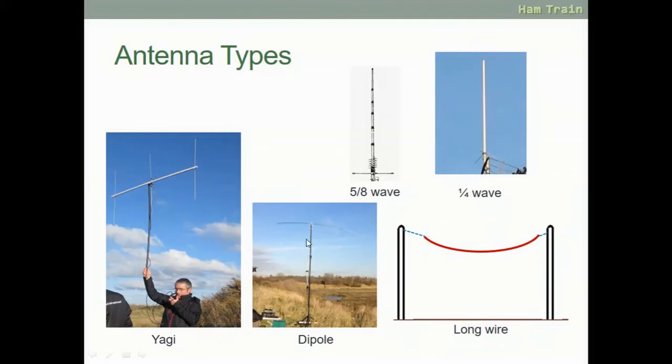We then have a dipole here. Again, this is another bad photo. You can't see it clearly, but basically there's 2 elements, one sticking out each side, and they're normally balanced. So that's a dipole. You have a 5/8 wave, a quarter wave, and you have a long wire. We're going to cover these in more detail in a moment.